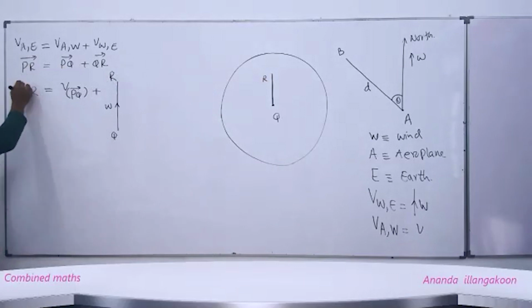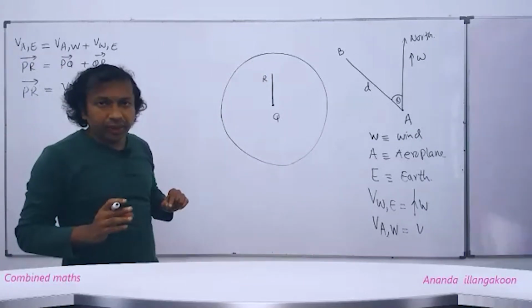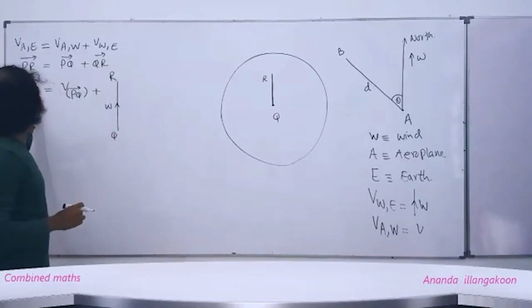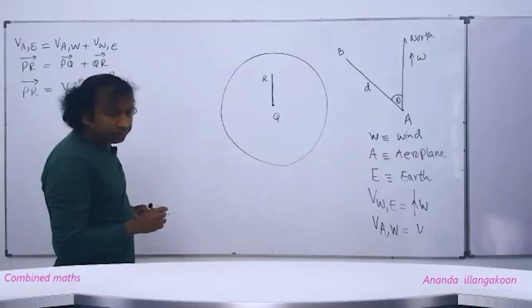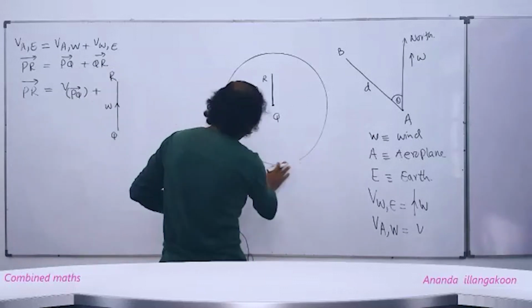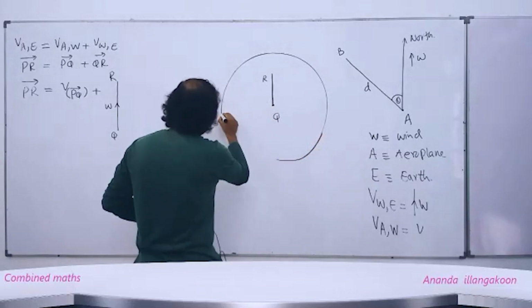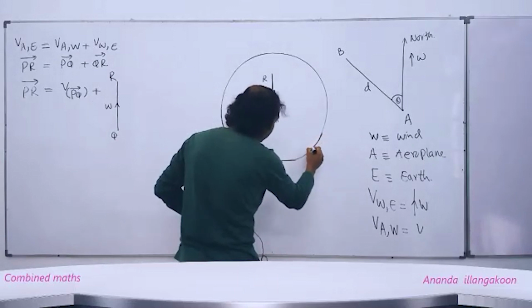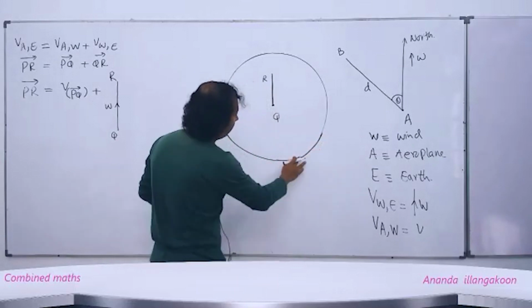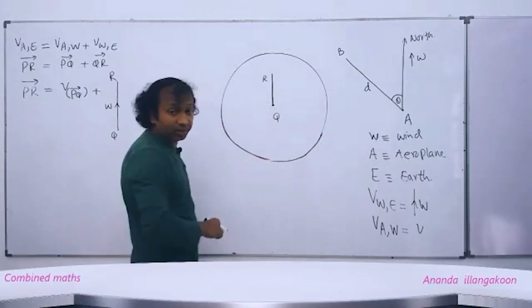Remember always, by this PR vector we get the velocity of the aeroplane relative to Earth. Up to here I think you can clearly understand. This looks like a circle, but we have to assume this as a circle.